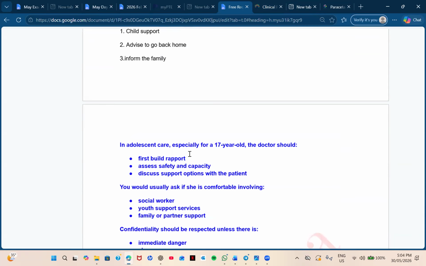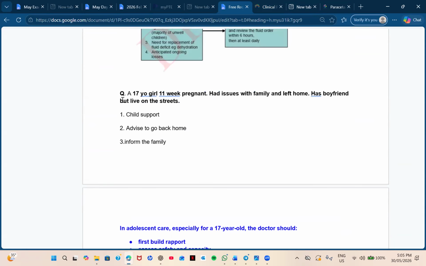Okay, here. So first build the rapport as a safety and the capacity, and discuss support options with the patient, because she is a 17-year-old girl. If she has the capacity to understand everything, then the only thing you can do is give some suggestions, like is there some teenager support team, is there any child support agency. You can't directly recommend this child to these support services.